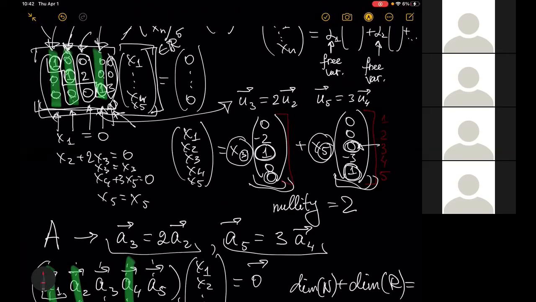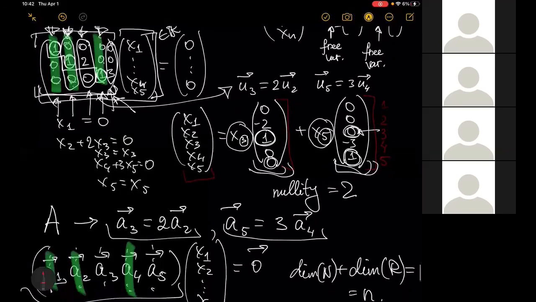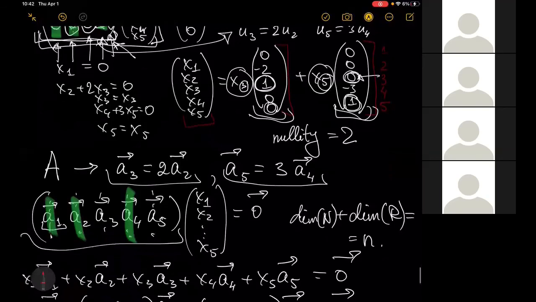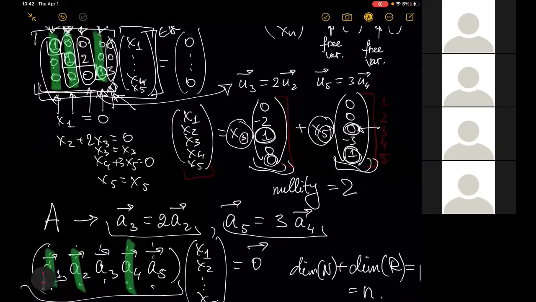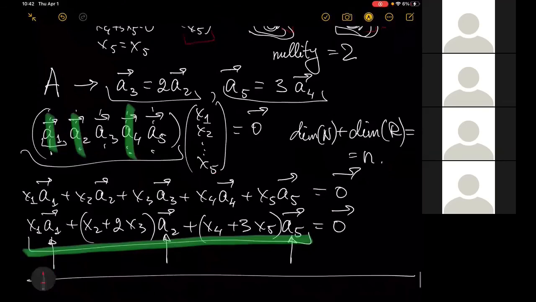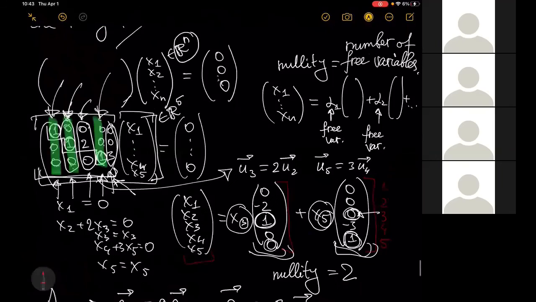But the range is spanned by the linearly independent column vectors of the original matrix. How many entries do they have? Three, right?